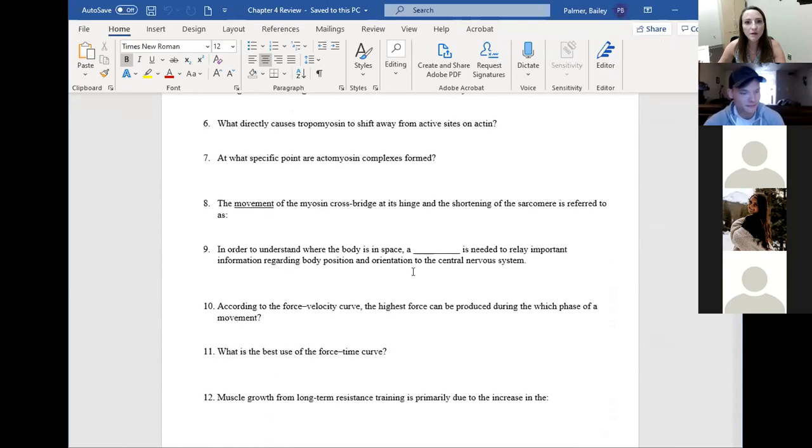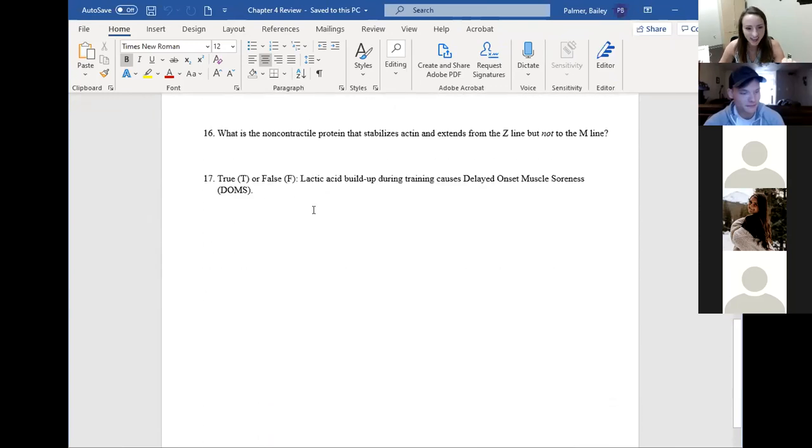One thing I actually didn't mention is this question right here. A lot of people have this misconception that lactic acid buildup in the muscle causes soreness, and that is not true. You have to know that muscle soreness is not due to acidity.